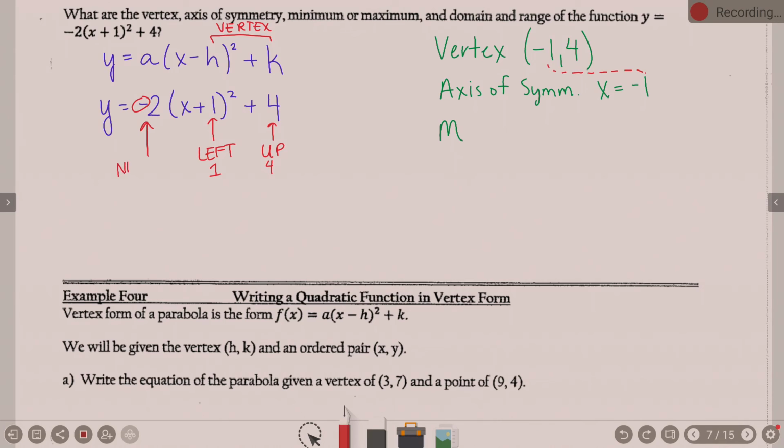Because our a value is negative, that tells me that this opens downward. So there's your visual. So the negative tells me it opens downward. So where's my vertex? A maximum.